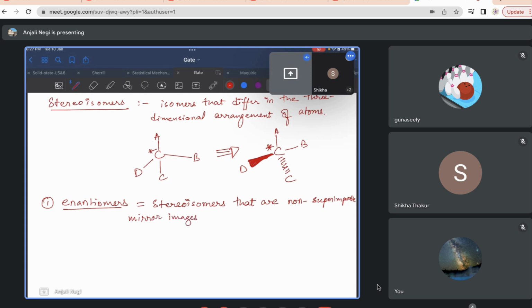And the second one is diastereomers. Diastereomers are stereoisomers that are non-superimposable.